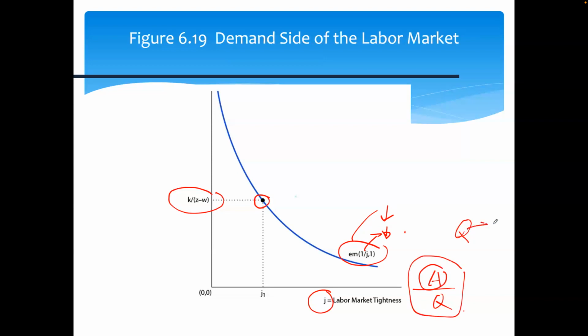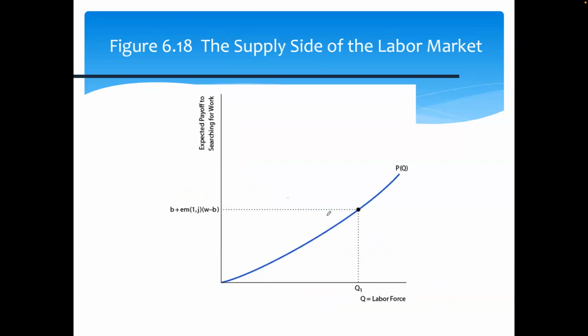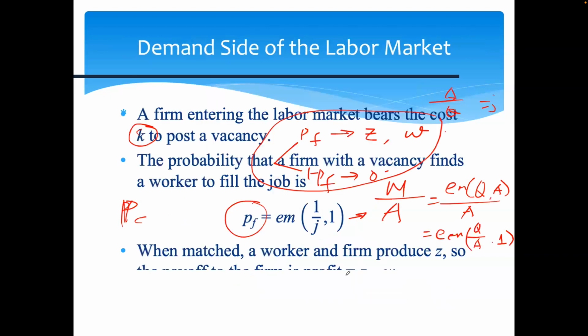But this Q is going to come in from the household side, because J is going to determine the household problem. Maybe we can go back. Look at it here. For the household side, when we know J, pretty much everything is determined, because B is exogenous and W is exogenous. Once we know J, we know PC, and then this is going to determine PQ, and so we're going to get a Q. Now go back to summarize.